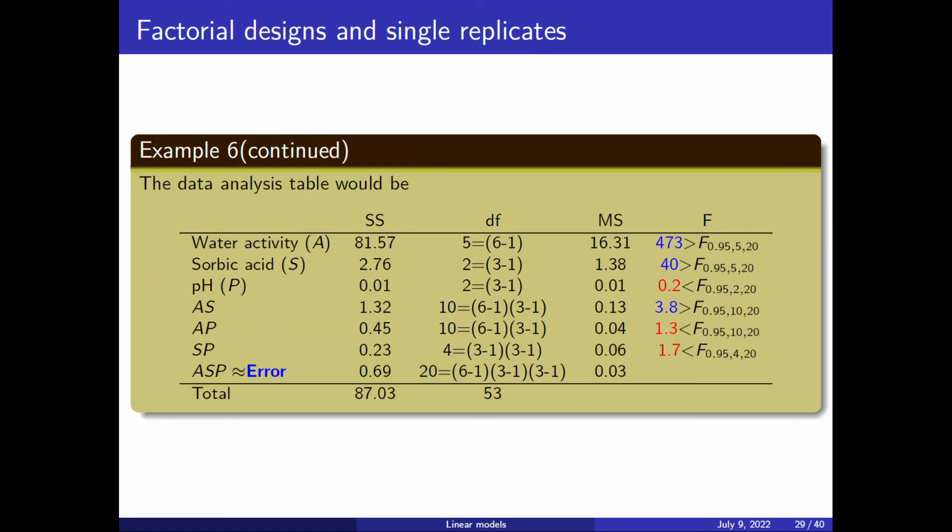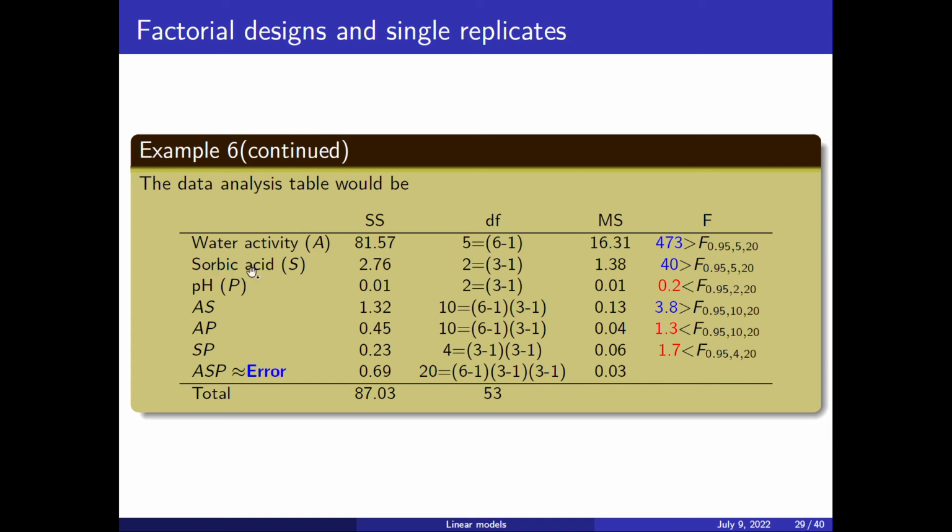Where is the trick? The trick is that, okay, so I have 54, 1 replicate per combination, that gives me 53 degrees of freedom. I will decompose my model and count how many degrees of freedom I need for the water activity. I had 6 levels, so I need 5 degrees of freedom.